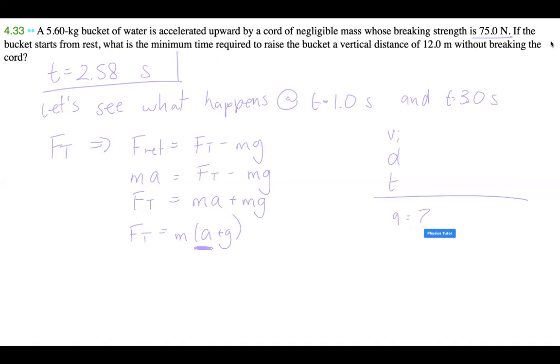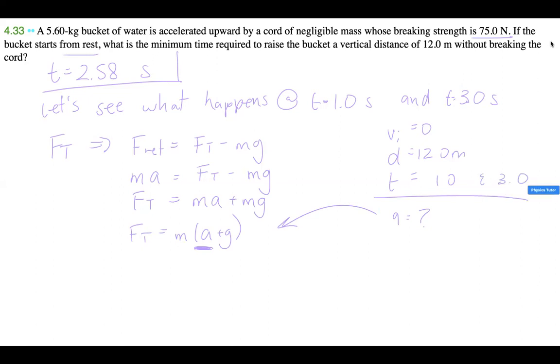And then using that, we can plug that back in and see what Ft is going to look like. So Vi, we said, is going to be 0, and well, according to the question, it's 0 right now. We know that from the question. Then D is going to be 12.0 meters, and the time is going to be 1.0 and 3.0.